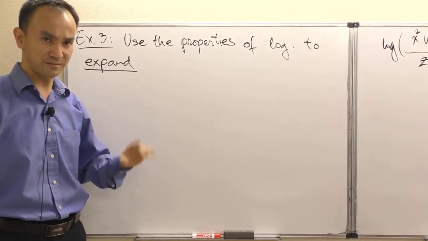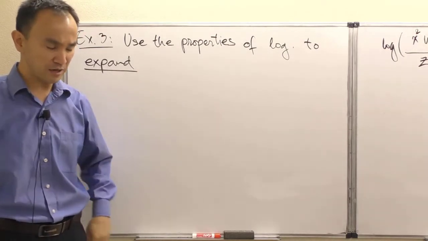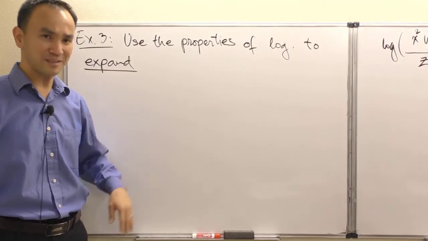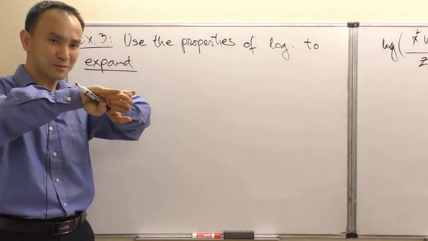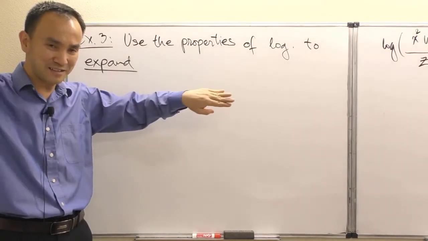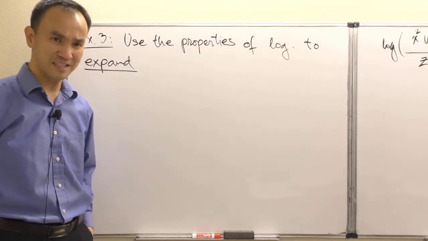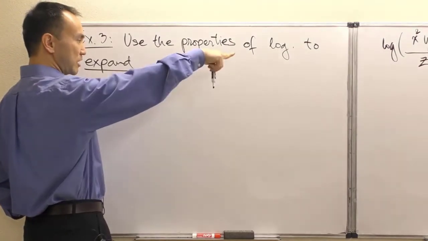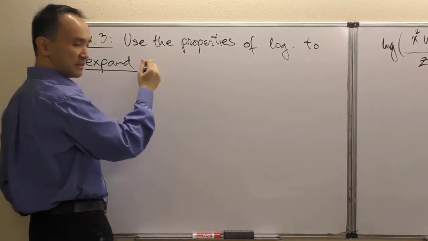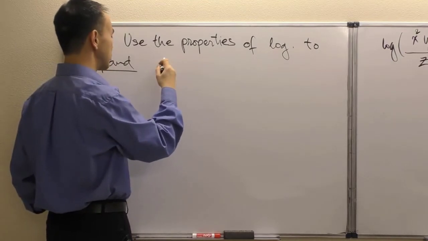So keep that word in mind. We're about to go backward from a small logarithm expression, expanding it out bigger and bigger, with more terms involved, and that's what expand means. So use the properties of logarithm to expand the given expression.